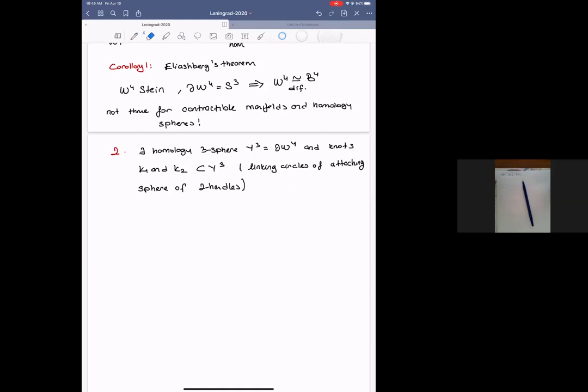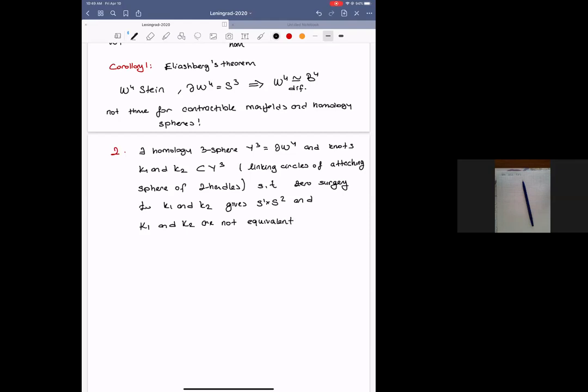Such that zero surgery on K1 and K2 gives S1 times S2, and K1 and K2 are not equivalent.